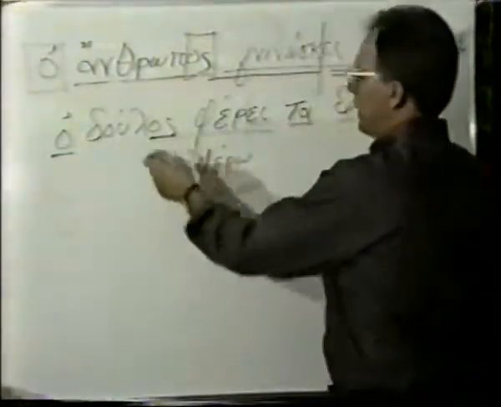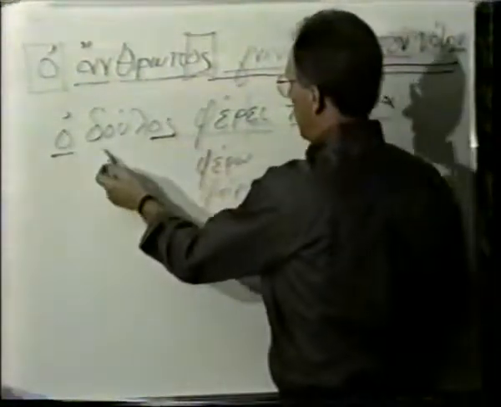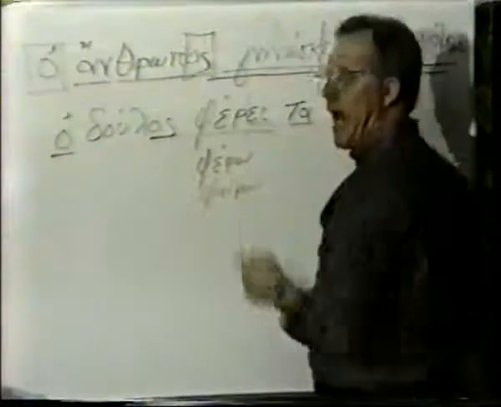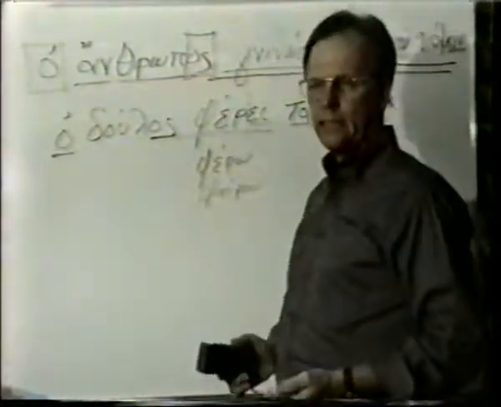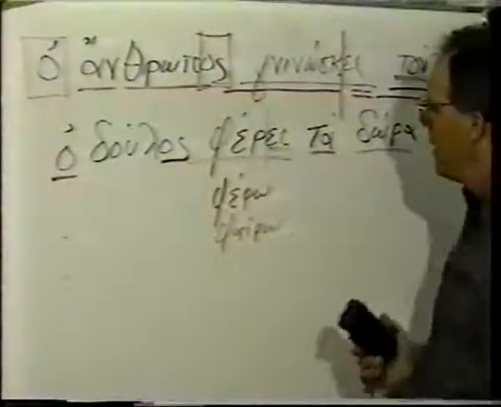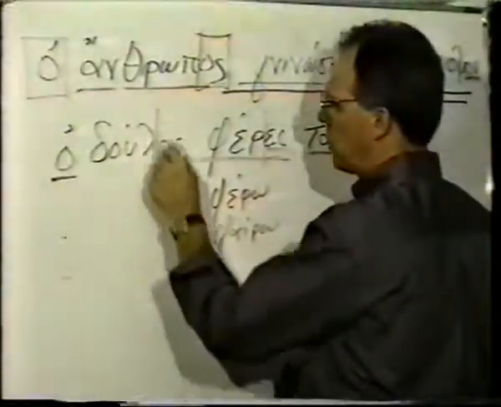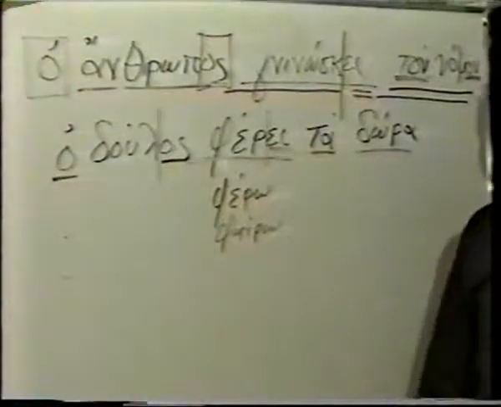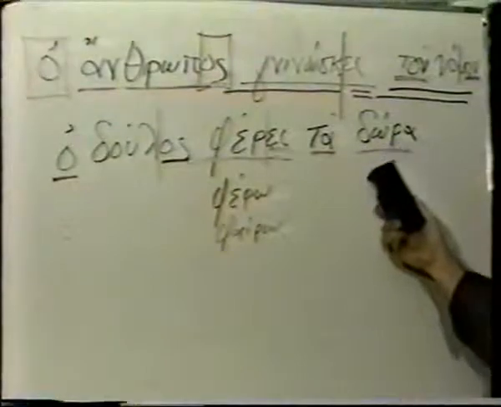Therefore, since it is singular and nominative, it can be, and in this case it is, the subject which is acting. Feri. Who feris? He, she, or it must feri, or bring. Therefore, the subject we have here is doulos. O doulos feri ta dora. The servant, he brings the gifts.